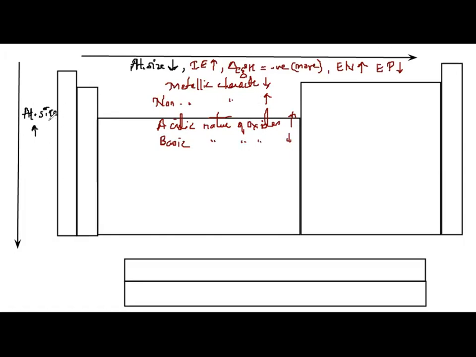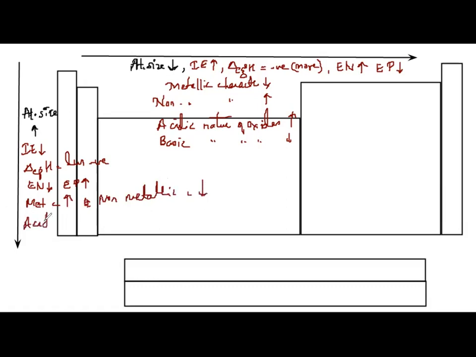When you move down the group, since atomic size increases, ionization energy decreases. Electron gain enthalpy becomes less negative, or more and more positive. Electronegativity decreases, or electropositivity increases. Then metallic character increases, or non-metallic character decreases.